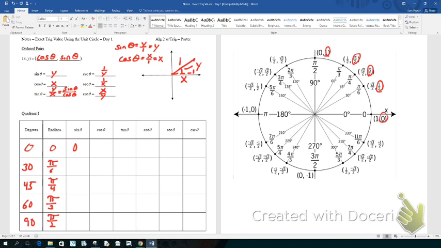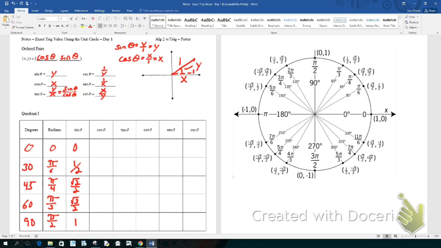Sine of 30 degrees, the y value is 1/2. Sine of 45, the y value is root 2 over 2. 60 degrees is root 3 over 2. 90 degrees is 1.